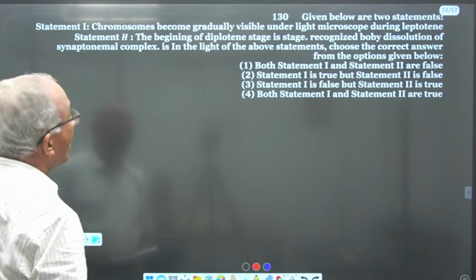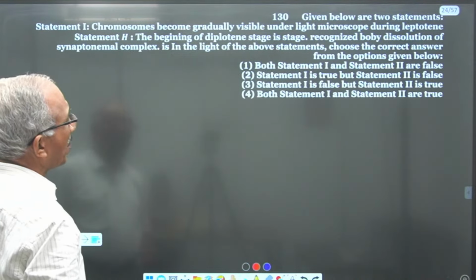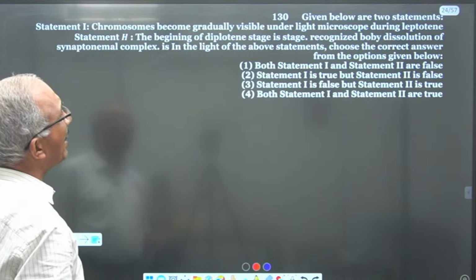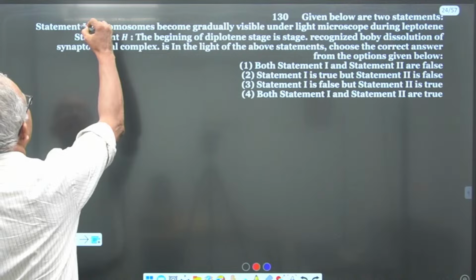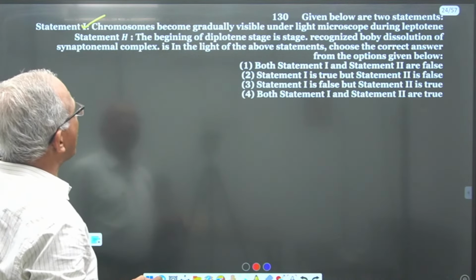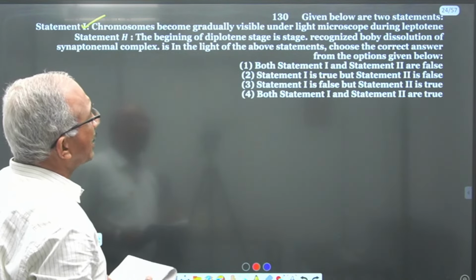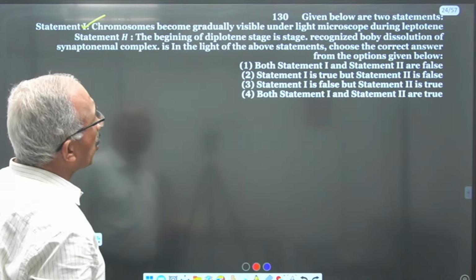Then, given below are two statements. Statement 1, chromosomes become gradually visible under light microscope during leptotene. It is correct. Second statement, the beginning of diplotene stage is recognized by dissolution of synaptonemal complex.